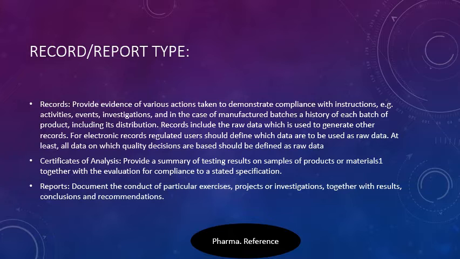Records include the raw data which is used to generate other records. For electronic records, a regulated user should define which data are to be used as raw data. At least all data on which quality decisions are based should be defined as raw data.